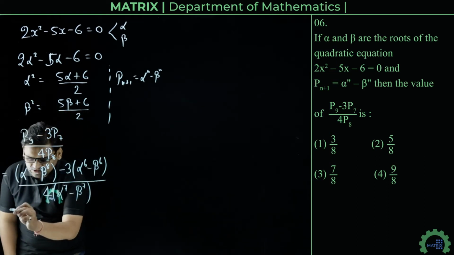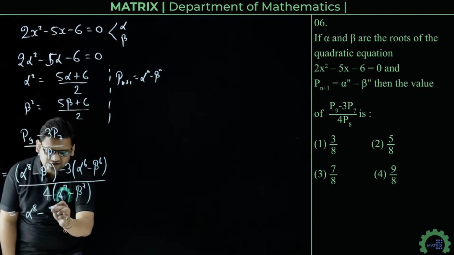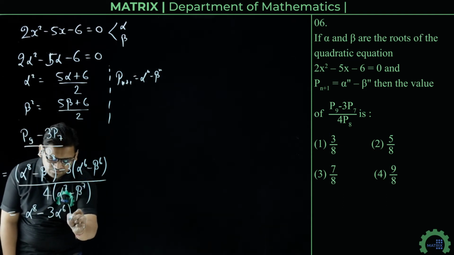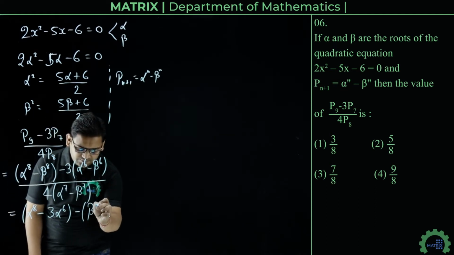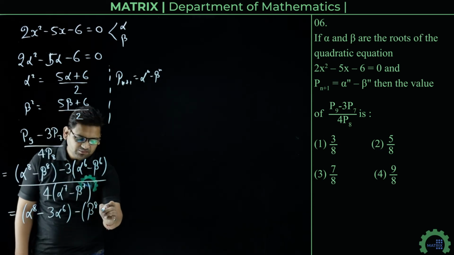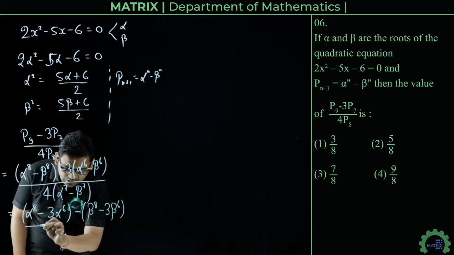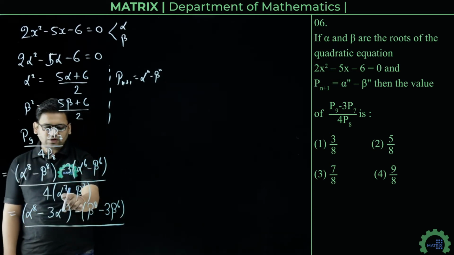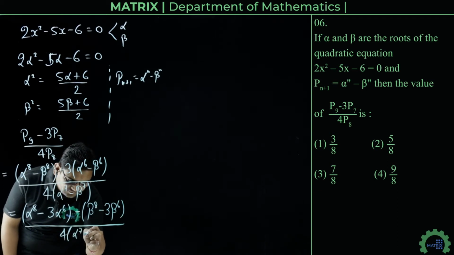Now rearranging these terms, we get (alpha raised to power 8 minus 3 alpha raised to power 6) minus, taking minus common, (beta raised to power 8 minus 3 beta raised to power 6), whole divided by 4 times of (alpha raised to power 7 minus beta raised to power 7).